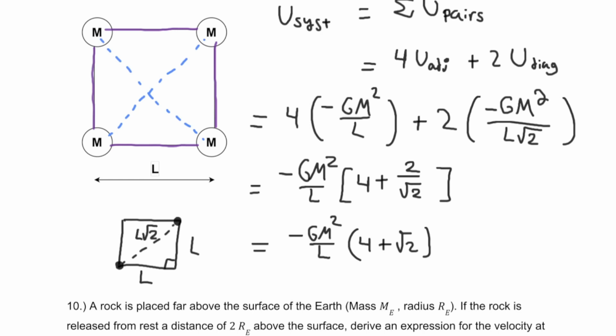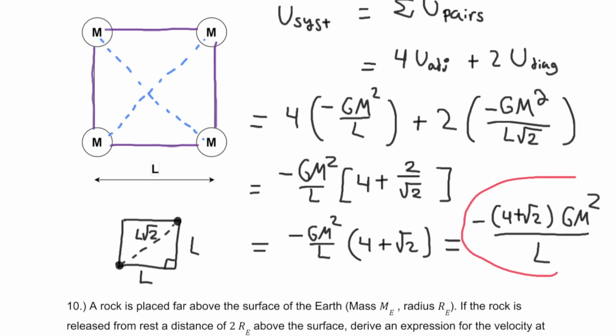And that is our final answer, or if you want to write it all as one fraction, we get negative 4 plus square root of 2 times GM squared, all divided by L. And that's our total potential energy of the system. So notice, forgetting that square root of 2 is a very common misconception there.